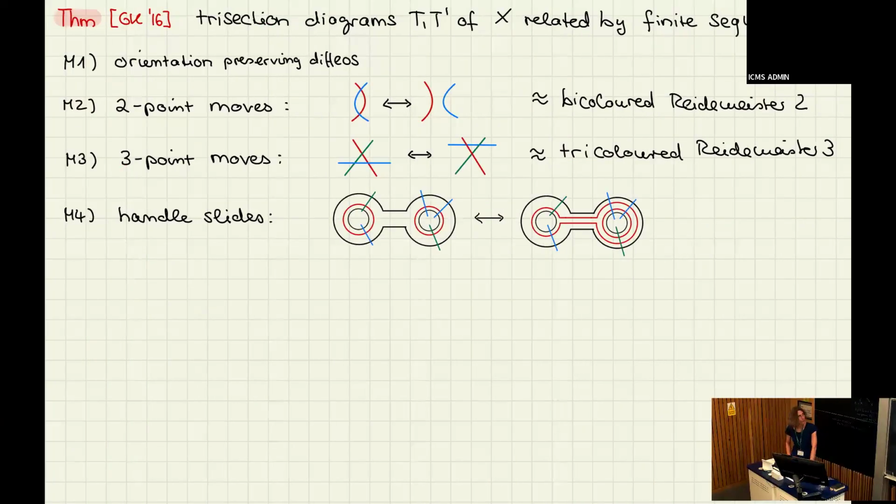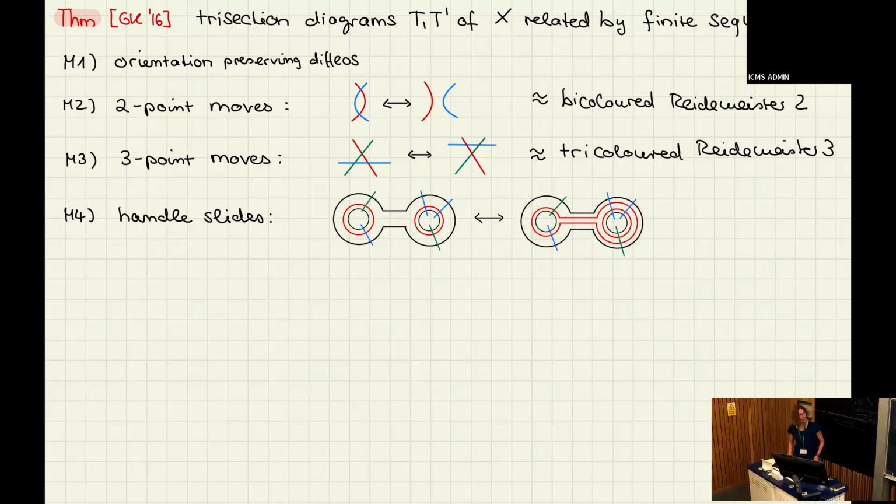Then the fourth move are handle slides. So here one has 2 red curves, and one takes a small neighborhood of these red curves in the surface and then one connects them by a path that is also thickened a little bit. There may be various green and blue curves intersecting these. And then you are allowed to take one of these red curves and make it approach the other one and then slide it over the other one.